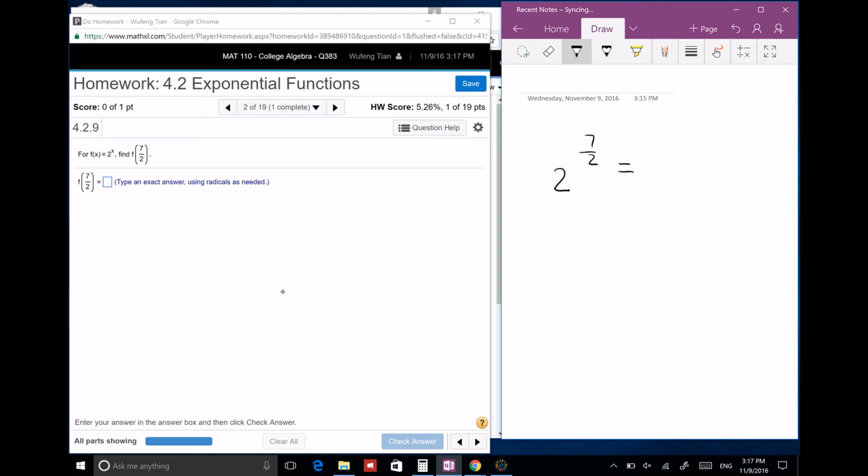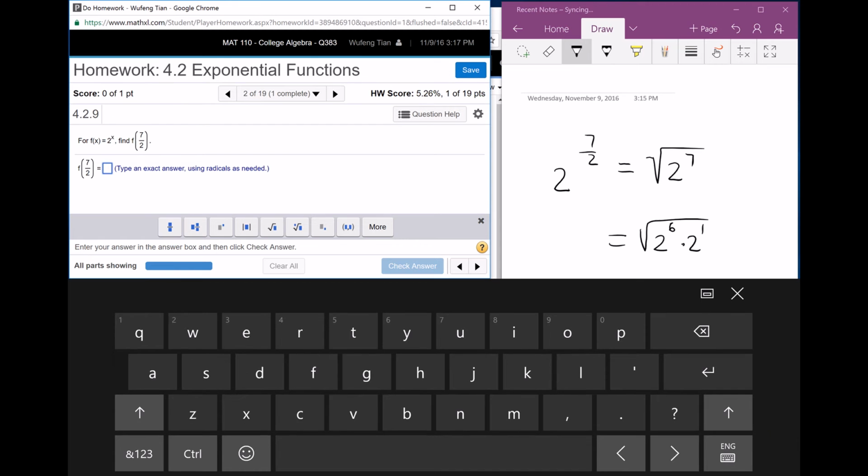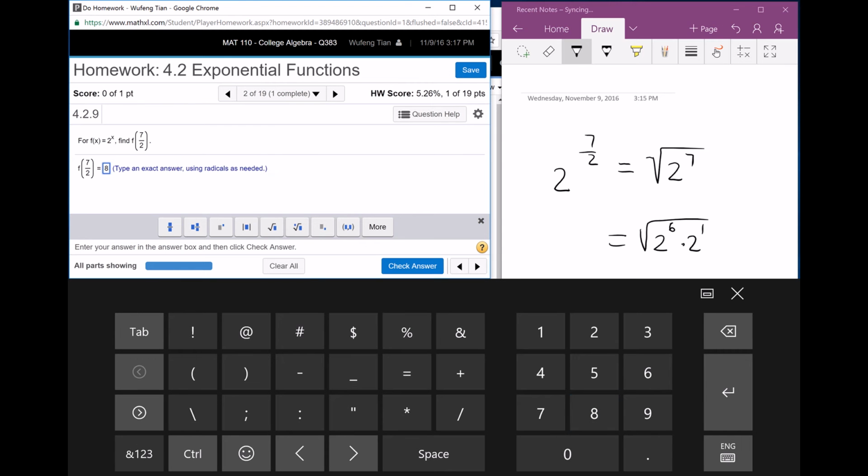This equals, the 3 goes outside, so it's the square root of 2 to the 7, which is the square root of 2 to the 6 times 2 to the power 1. And 2 cubed comes outside of the root. So it's 8 square root of 2.